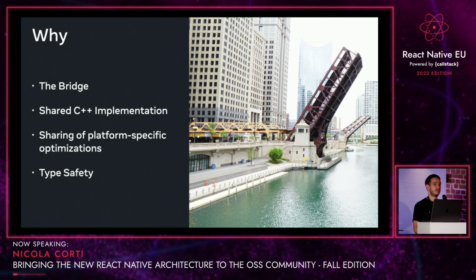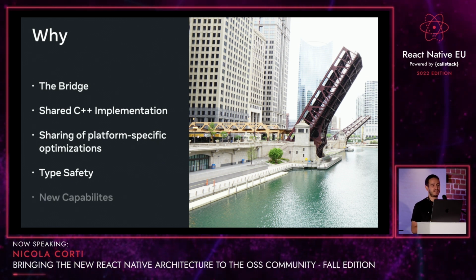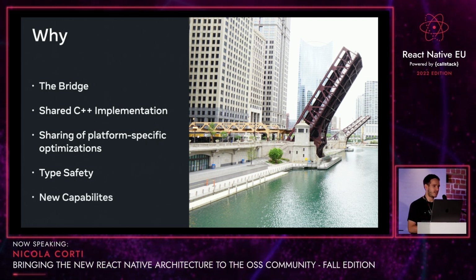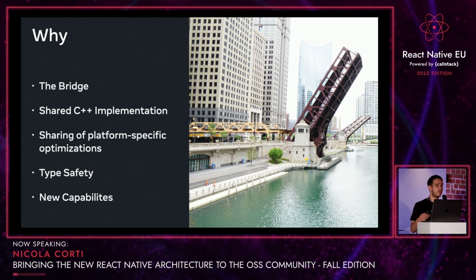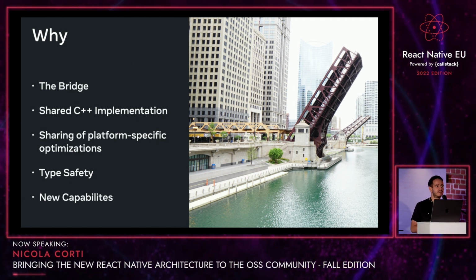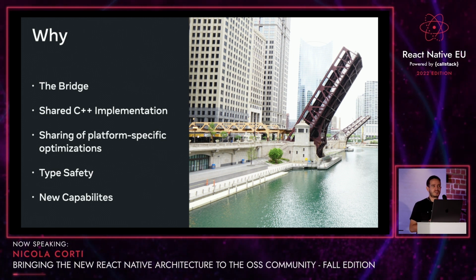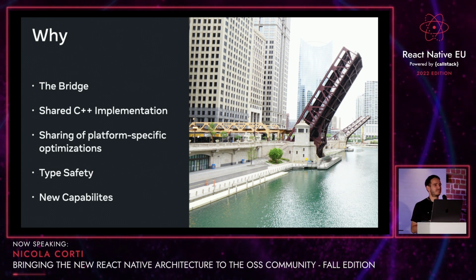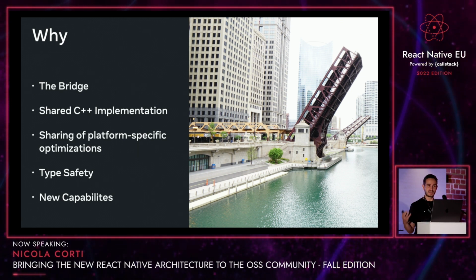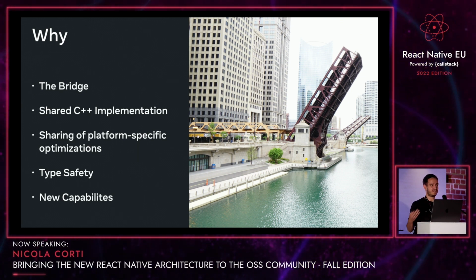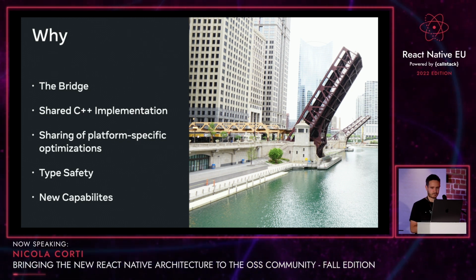And also, you should think of the new architecture as the foundation for a lot of new capabilities that we will be releasing in the coming years. So at first, you might feel like, oh, this is a lot of work for me to migrate, and what am I getting out of it? You will get new things that will be developed on the new architecture only.